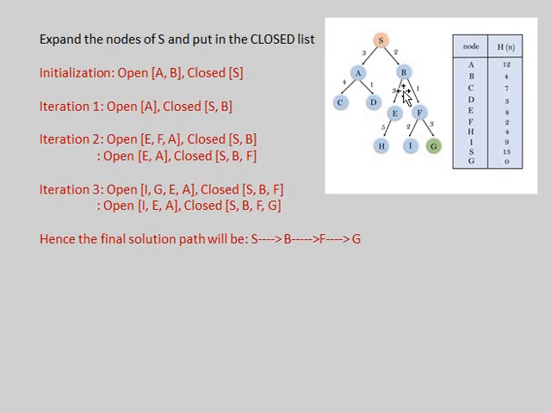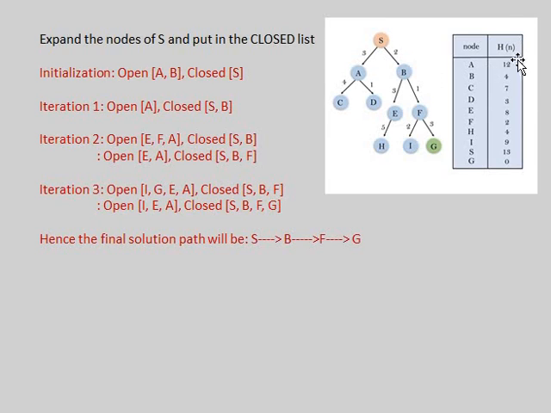In the next iteration we have to check the heuristic value for each node. The heuristic value for node A is 12 and for node B is 4. As node A and node B are both in the open list, we compare the heuristic values of the nodes in the open list. Node A's heuristic value is 12 and node B's is 4.